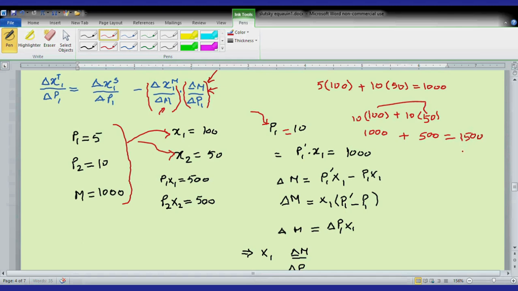This means that the Slutsky compensation is equal to 500. So this is the change in income that is required to allow for the consumption of the commodity basket that the household was consuming before the price change occurred.